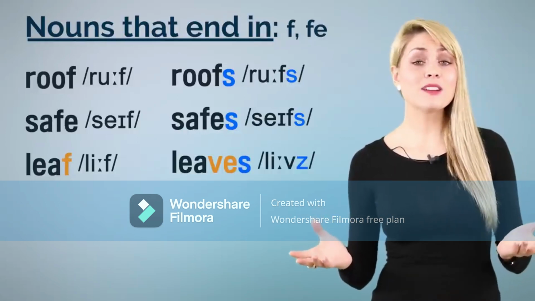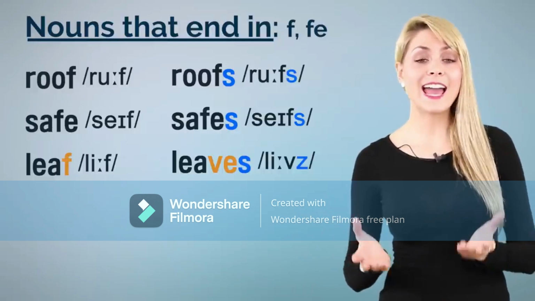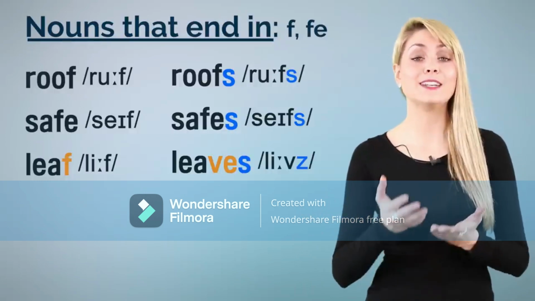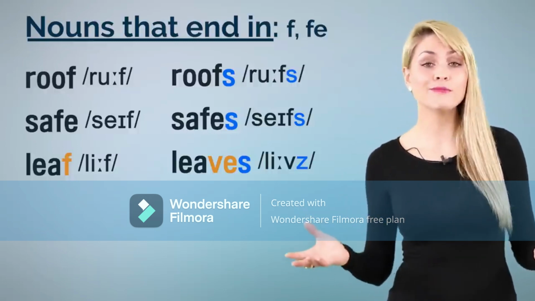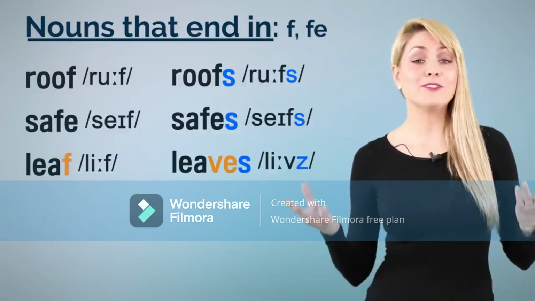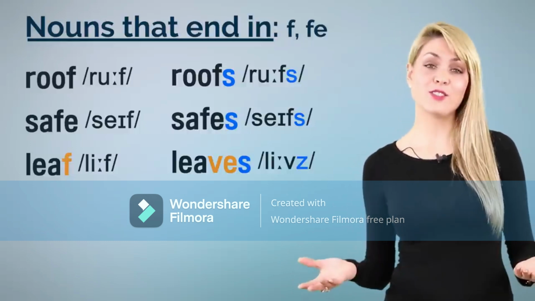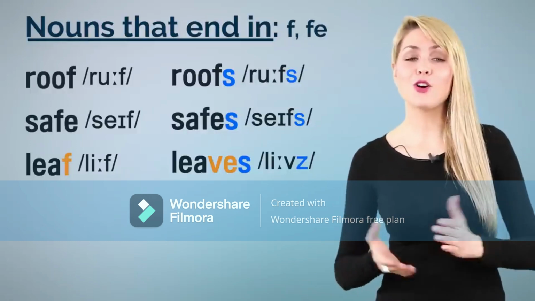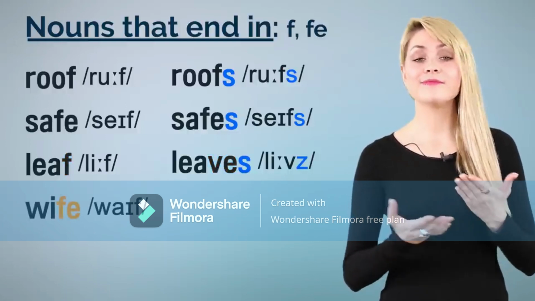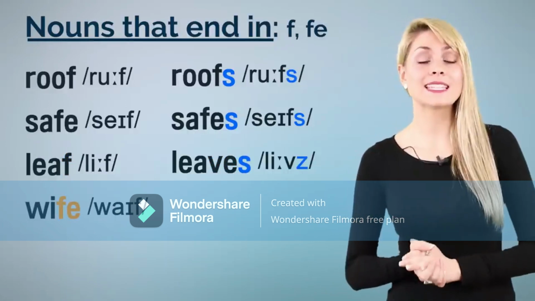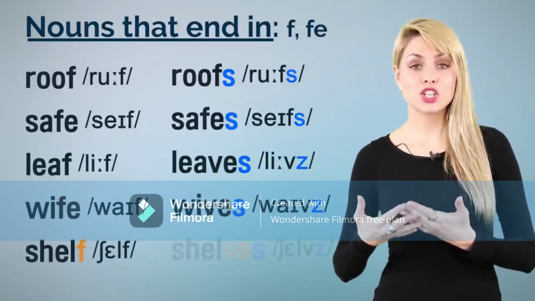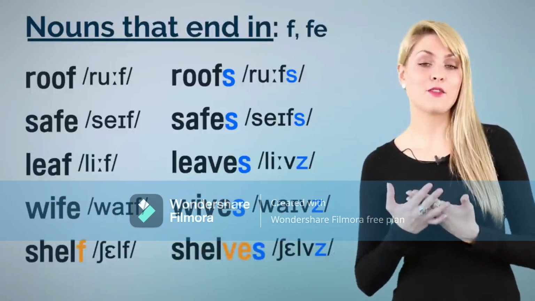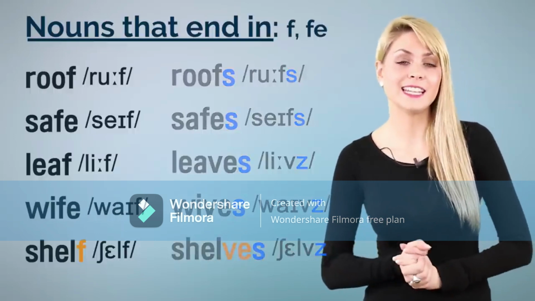Well, sometimes in English, a word ending in F becomes a word ending in VES in plural. That's not a rule, but some words end in VES, you just have to learn them, I'm afraid. Another word, wife, and again, VES, wives. Shelf, shelves, again, this VES ending.